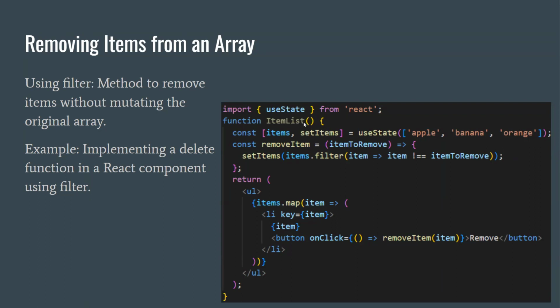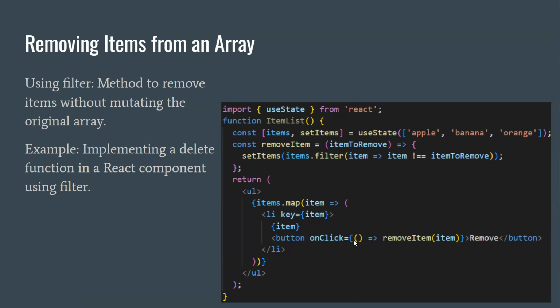For example, we have this ItemList component, and we have an items state with an initial value of an array with apple, banana, and orange. And we have this button to remove.